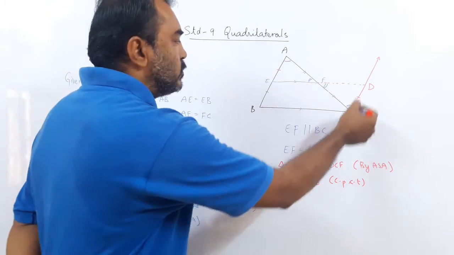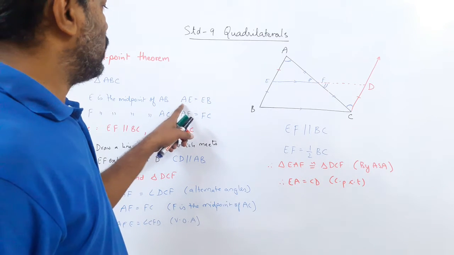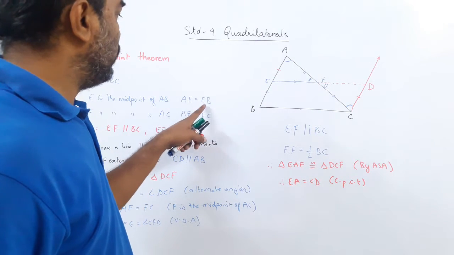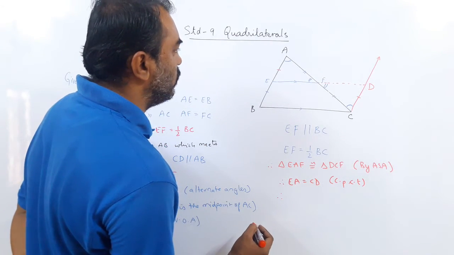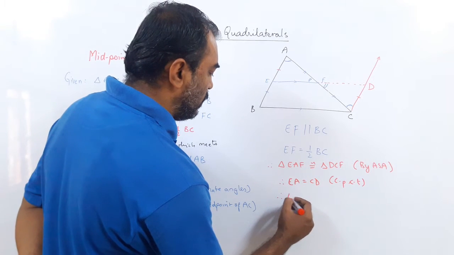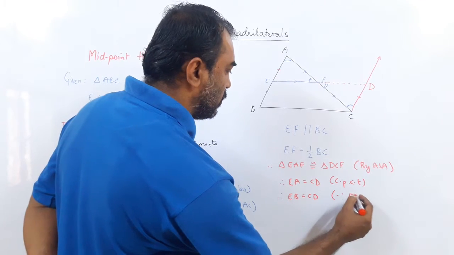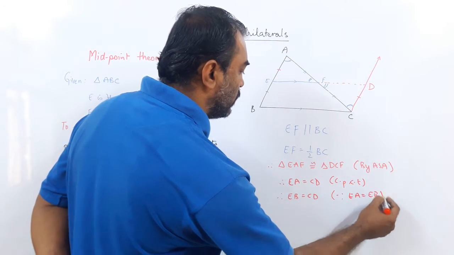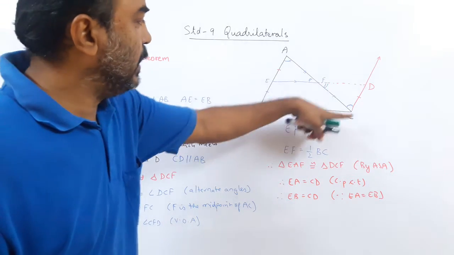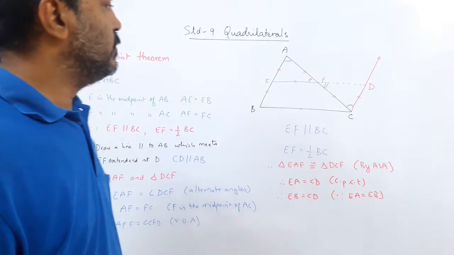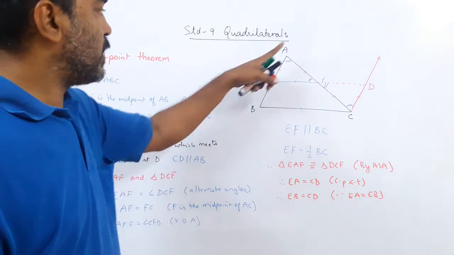But EA is equal to EB, since E is the midpoint. So we have EB equal to CD. We showed EA equal to CD, but EA equals EB, so EB equal to CD, and we had CD parallel to AB.